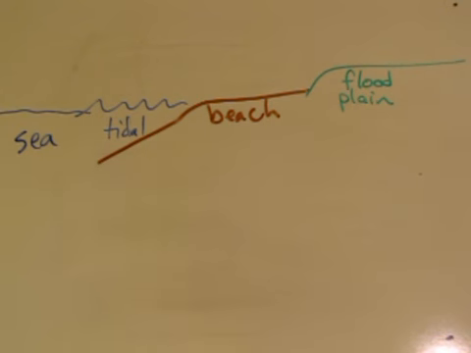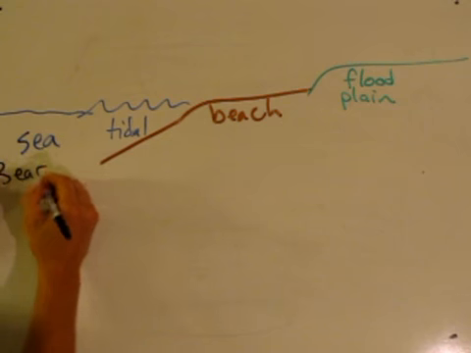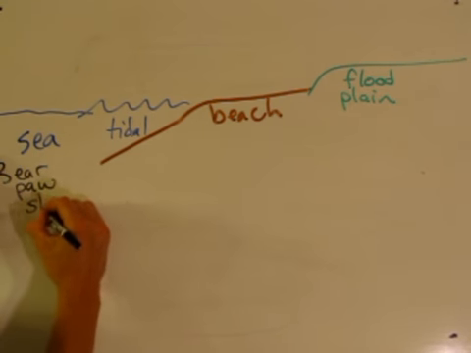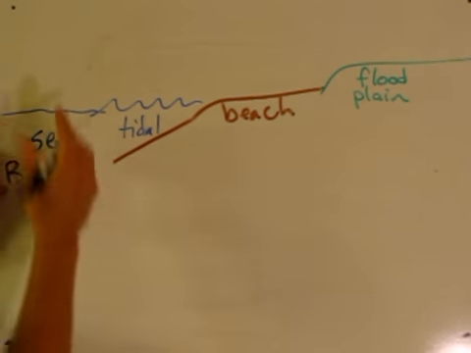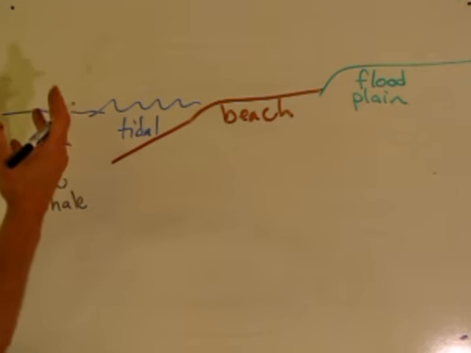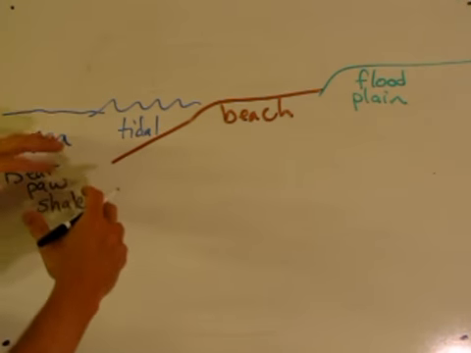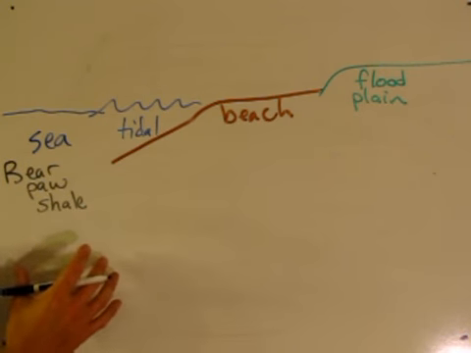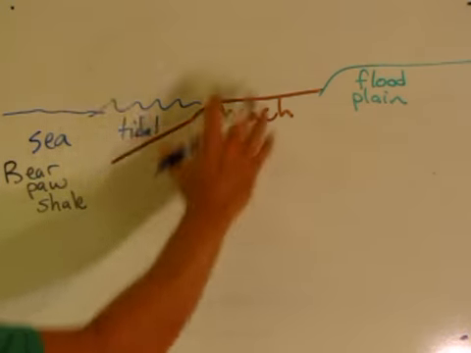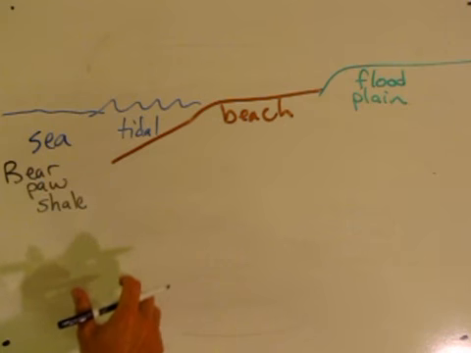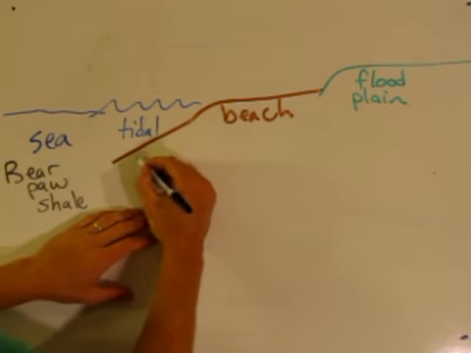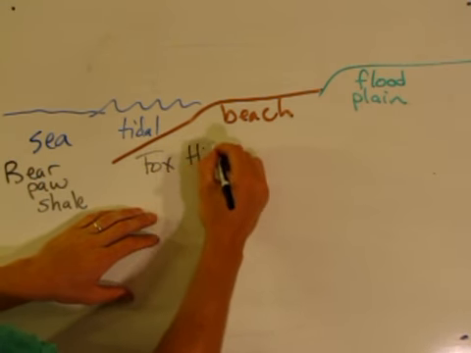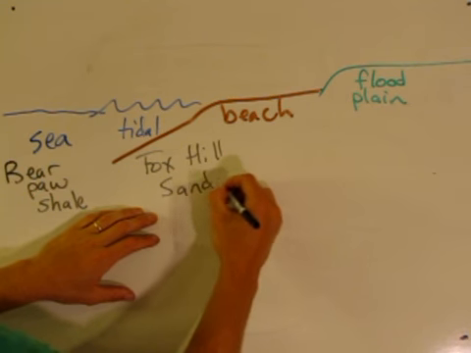And so what this looks like in Montana is they have labeled these regions the Bear Paw Shale. It's a shale material because, see, the water's standing, you slowly have particles settle out. So you have really small particles creating a bunch of shale. In this high activity region, we have a lot more sandstone. So they call this the Fox Hills Sandstone region.